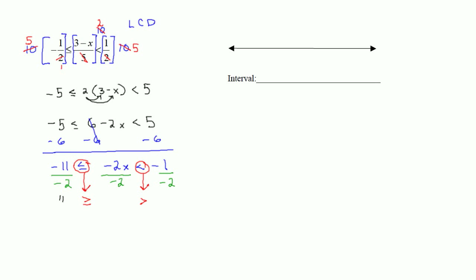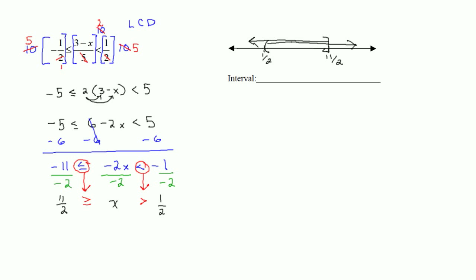So we have 11 over 2. That becomes positive. It was negative divided by negative. In the middle we have x, and on the right we have again positive 1/2. So over here on our number line, 1/2, 11 halves. x is greater than 1/2. x is less than or equal to 11 halves. Again, reading that inequality backwards.